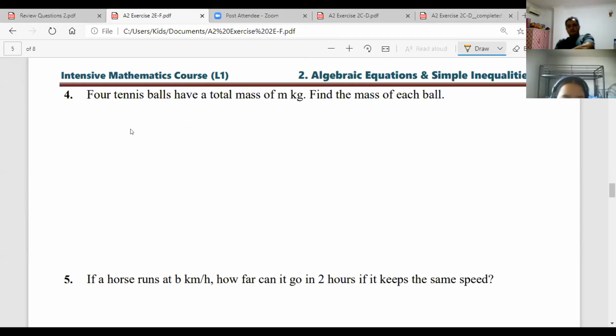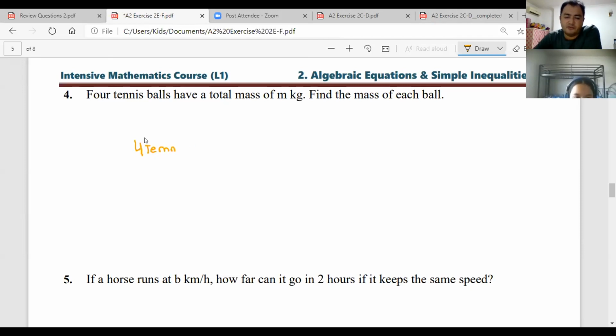So that is 4 tennis balls. You can just write t.b. so we can understand we mean tennis balls. Don't write too close, Shahina, because it's just a unit, right? You may get confused otherwise.